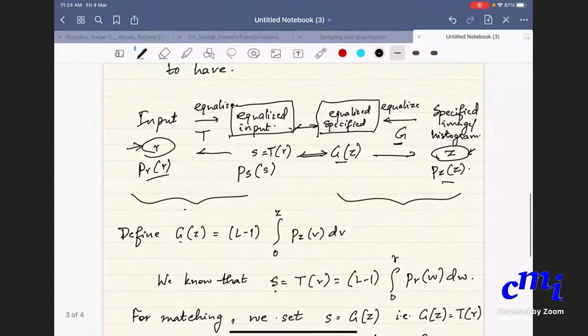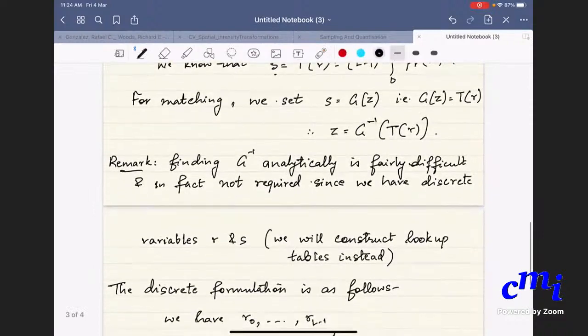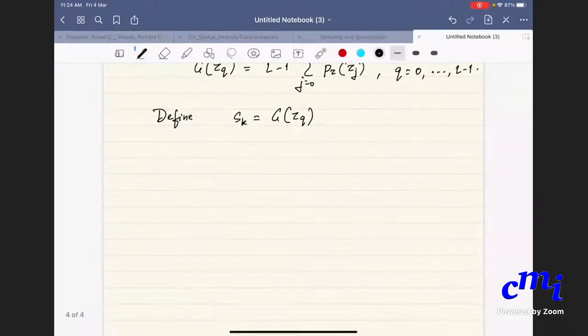This step is doing the matching. We are going to define each sk to be a corresponding G(zq). Where pz(zj) is the specified histogram, this is obvious. So sk is G(zq), and therefore zq is G inverse of sk.